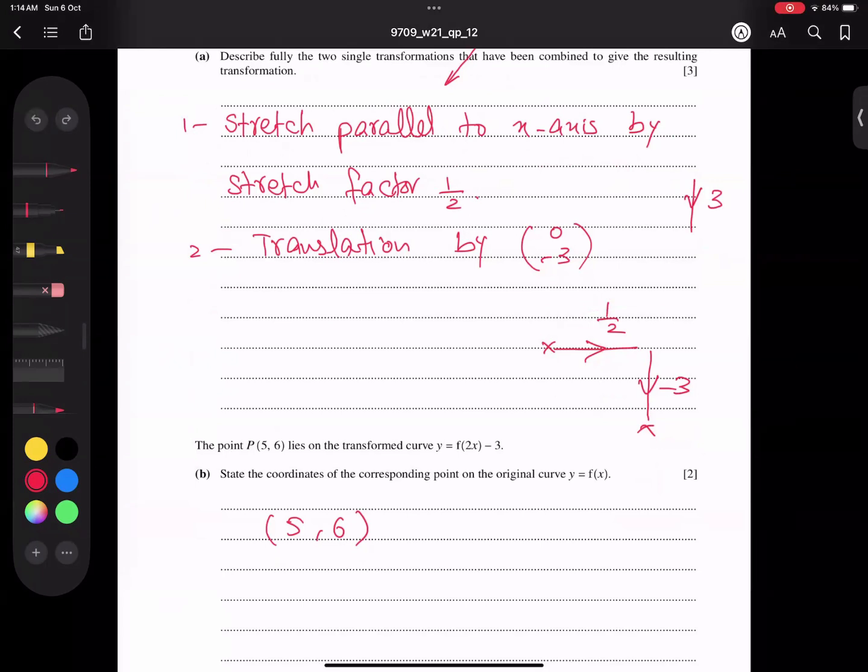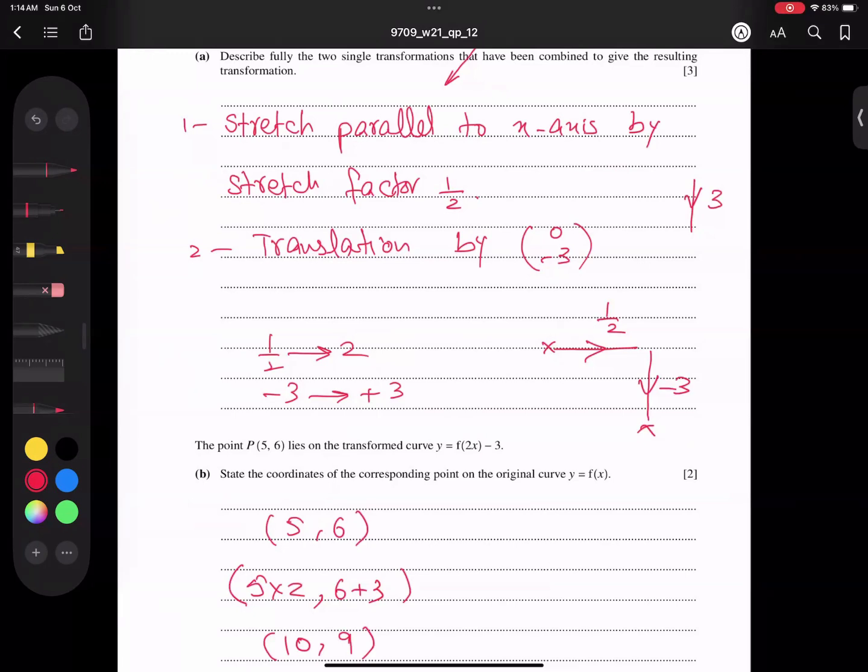The reciprocal is double. So the reciprocal of this is 2 times, and the reciprocal of this is +3. So we will add 3 to the 6, and multiply the 5 by 2. That is why we get the answer (10, 9).